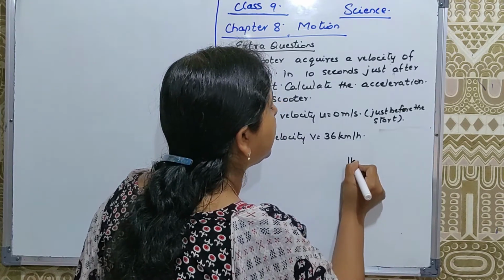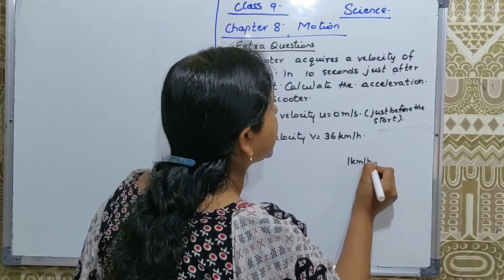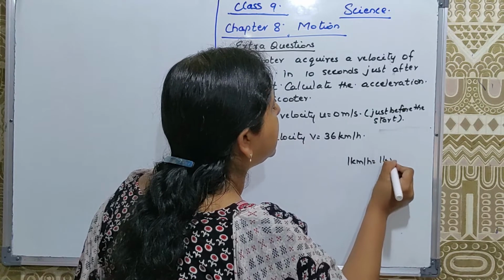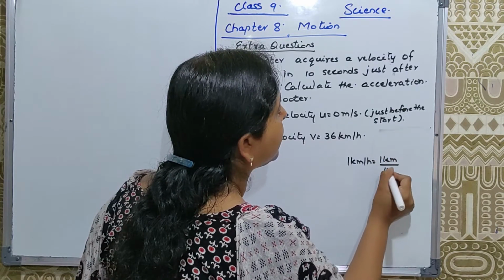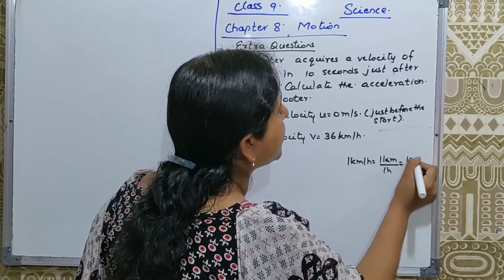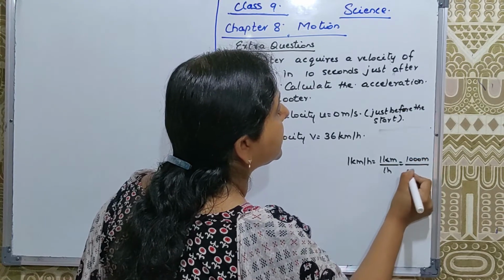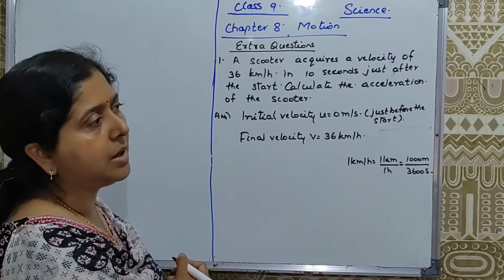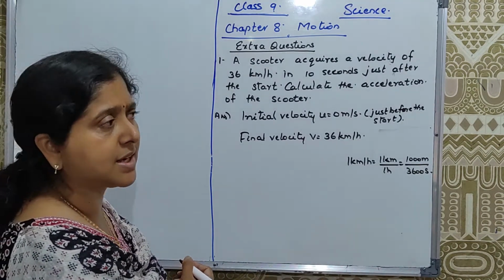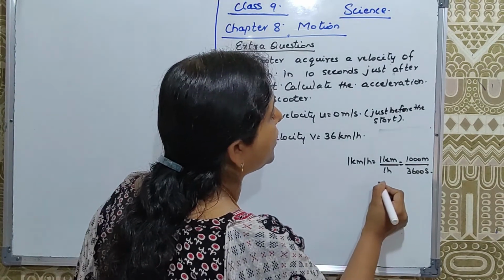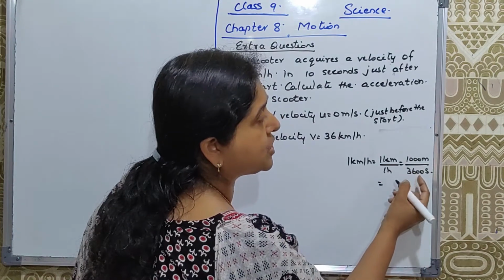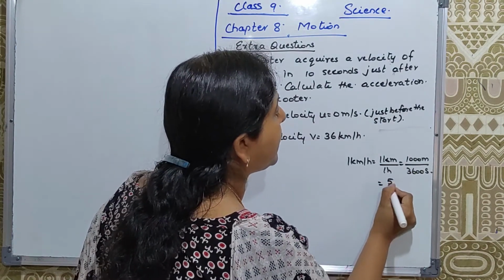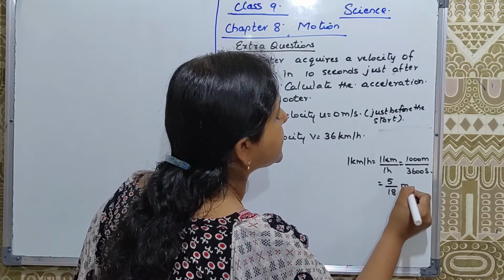1 kilometer per hour is 1 kilometer by 1 hour equal to 1000 meter by 3600 second, which is equal to, when you cancel the zeros in numerator and denominator, 5 by 18 meter per second.